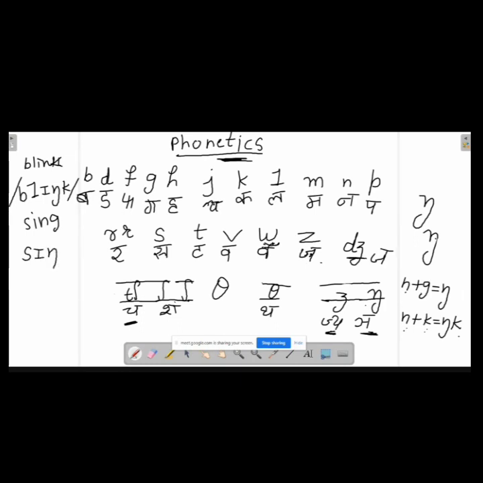Obviously there will be no k at the end because n plus g makes ang. So this is the phonetic transcription of the word sing that you can see on the screen. I hope these sounds of consonant symbols in phonetics are clear. You should make these symbols in your notebook and practice them a lot.